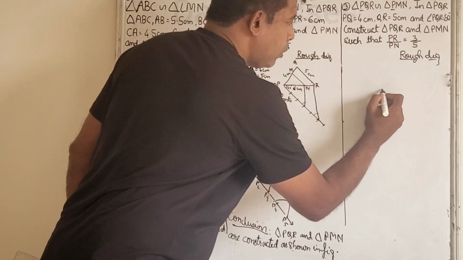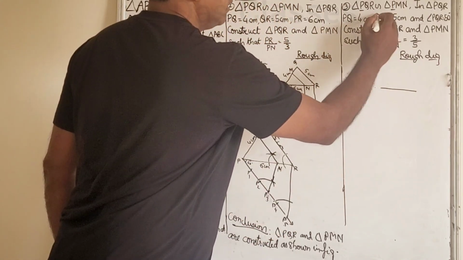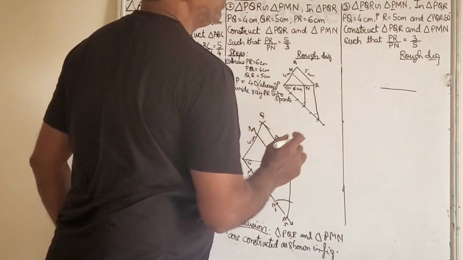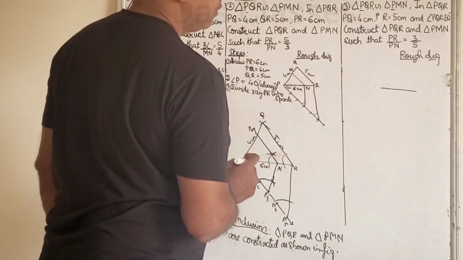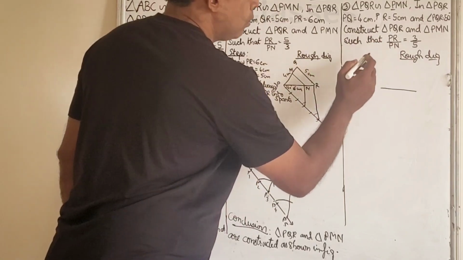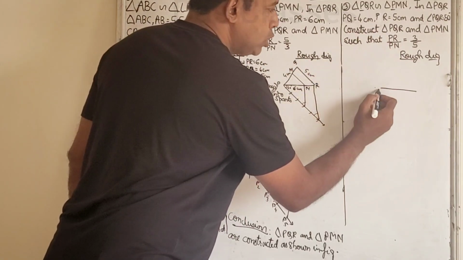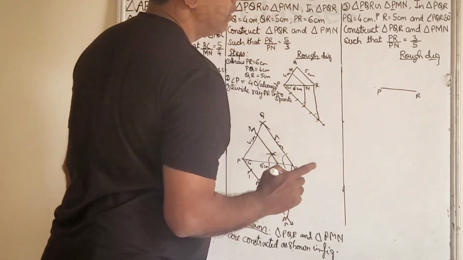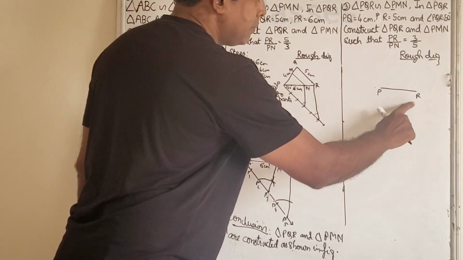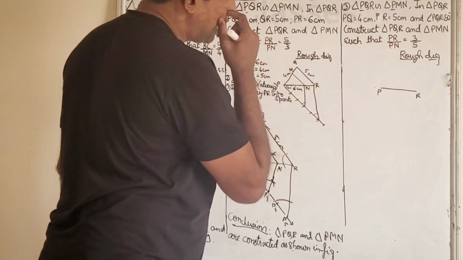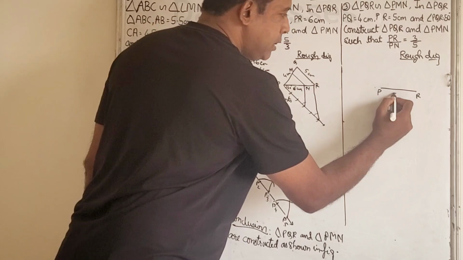PR is given to you as 5 centimeter and PQ is given. So the base will be PR. What is your hint for knowing what to draw as the base? Whichever value is given as the ratio. So PR is 5 centimeter.